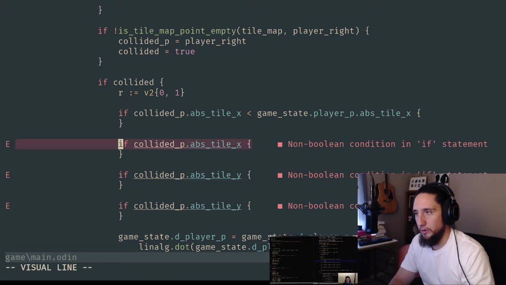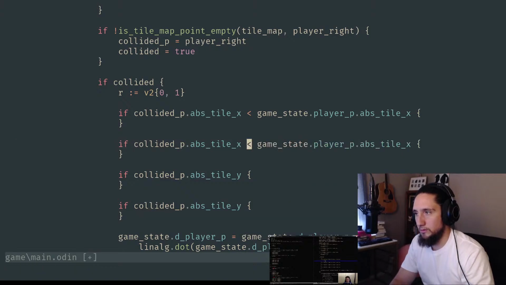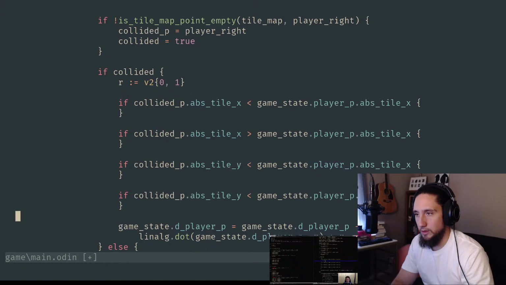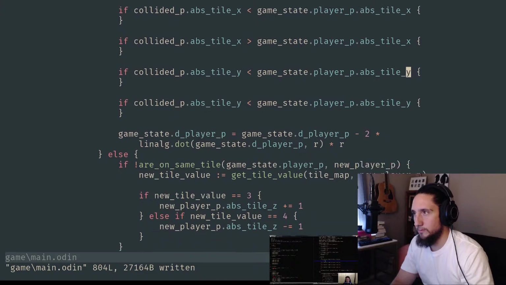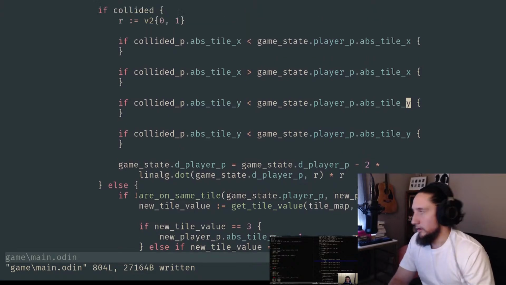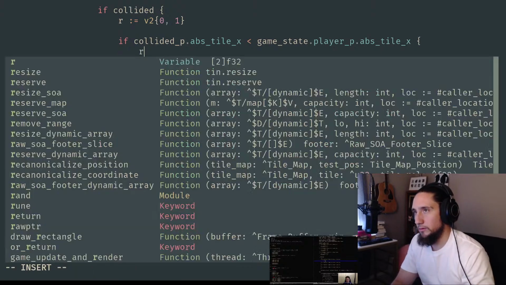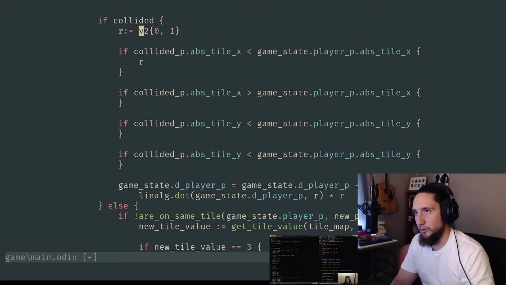And actually, I should just go ahead and do that. And then these should be comparing with the Y. And so if we're colliding with the left wall, then, and I guess I should just zero this out at first. Yeah, that's what he does.